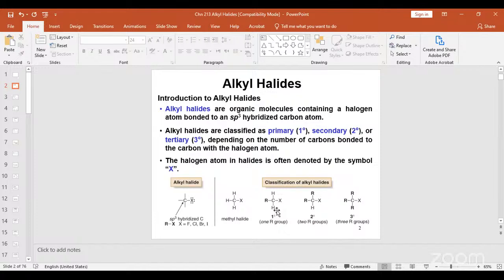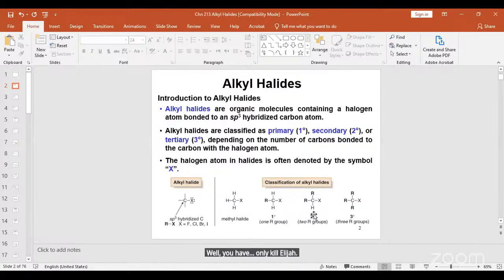When you have only 2 hydrogen atoms bonded to the carbon to which you have your halogen, then you talk of primary alkyl halide.